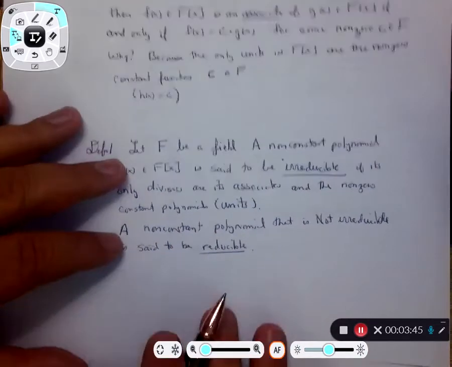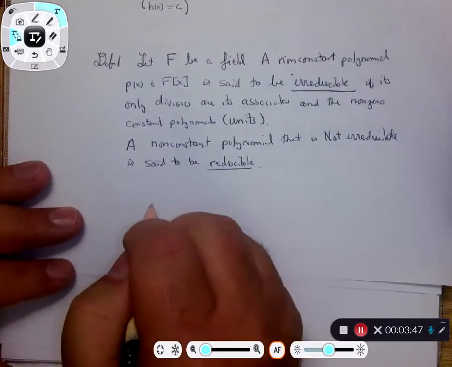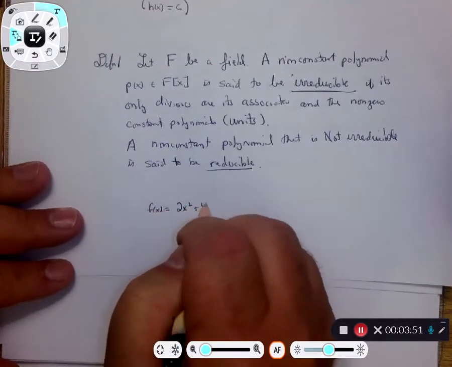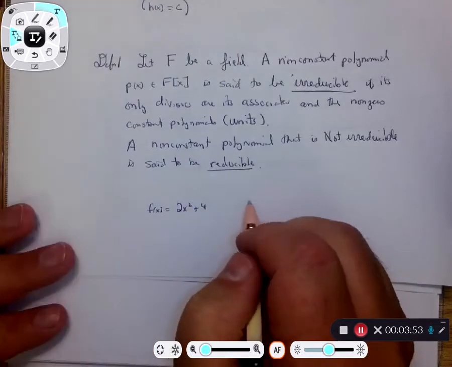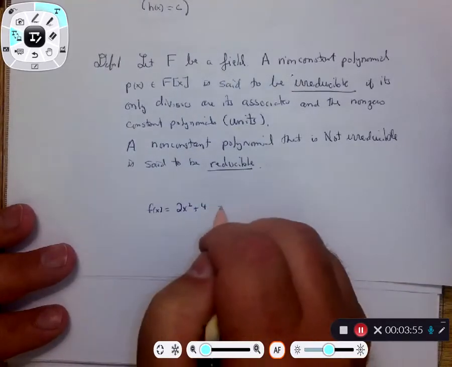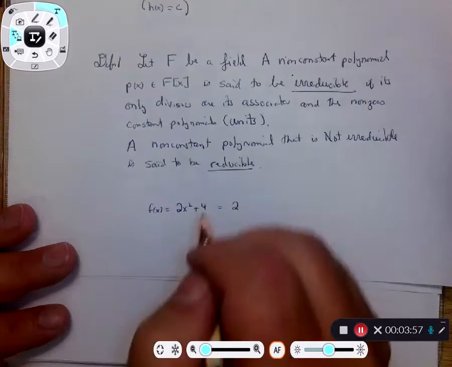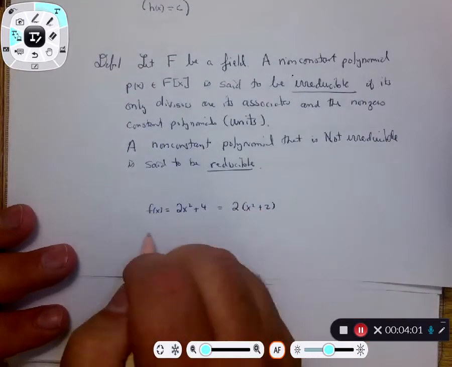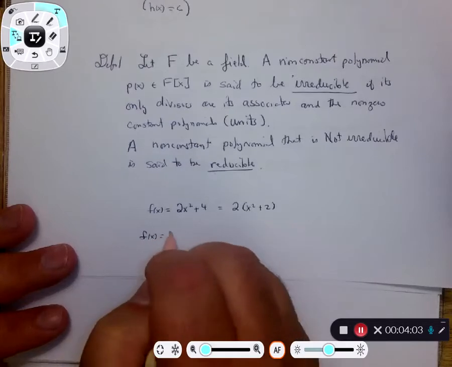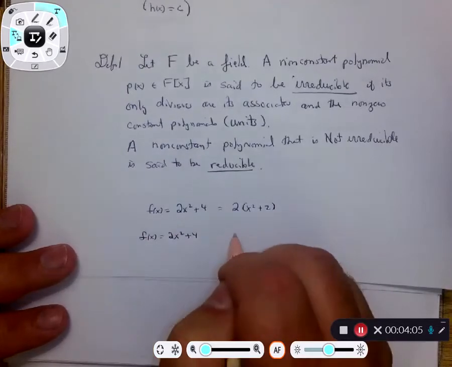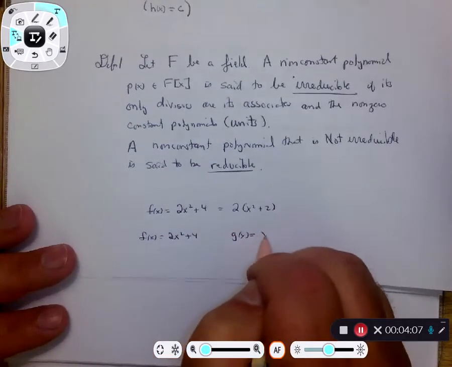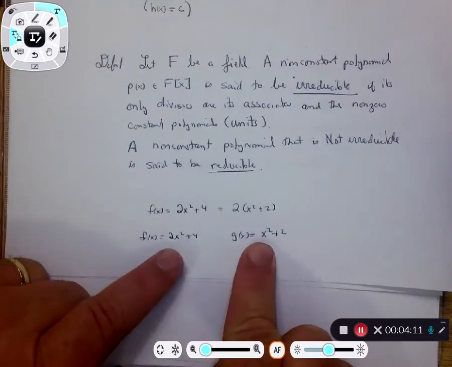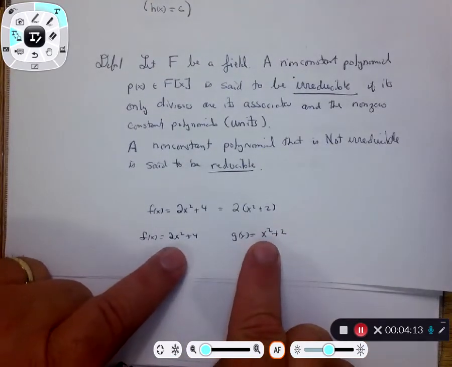So in terms of that idea of associates, if I let f of x be equal to 2x squared plus 4, I can factor the 2 out of it, and I end up getting x squared plus 2. Now f of x is equal to 2x squared plus 4, and g of x is equal to x squared plus 2. They're not the same polynomial, but they're what we call associates.